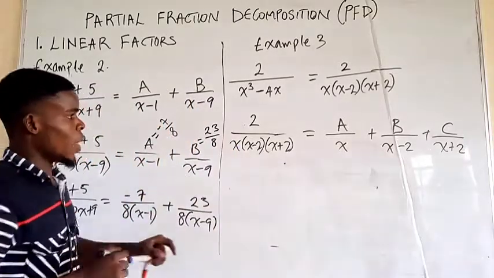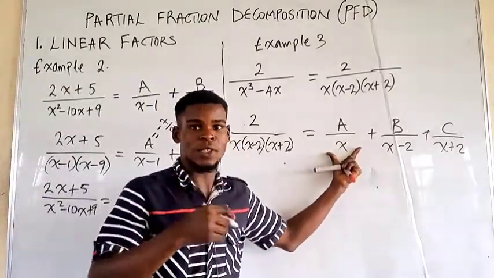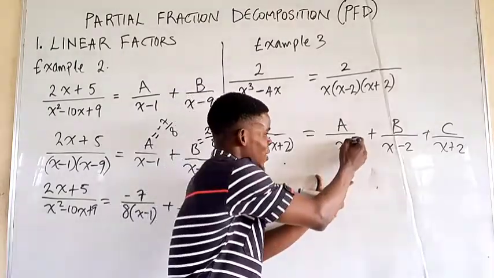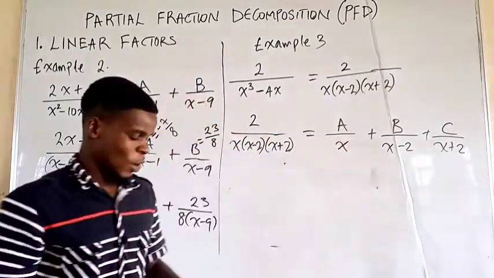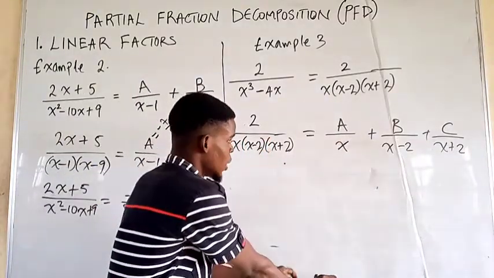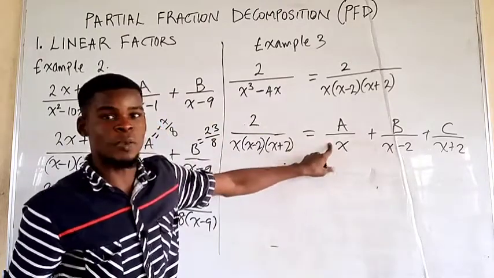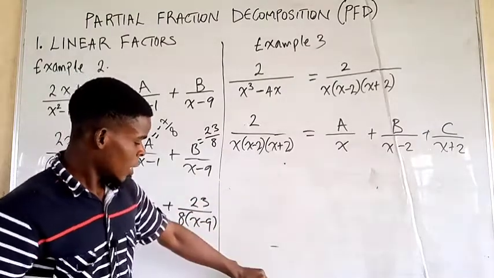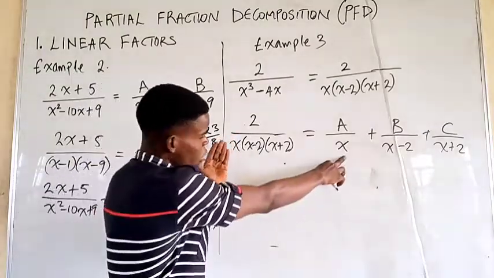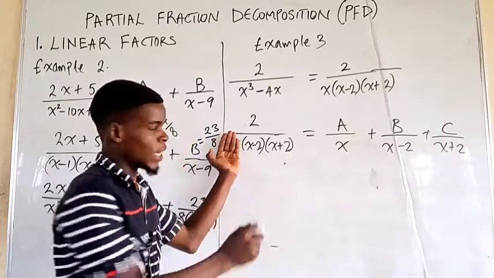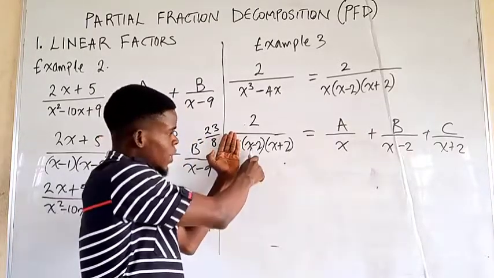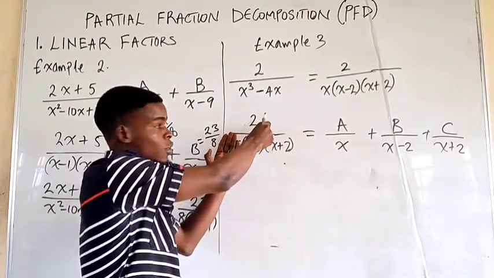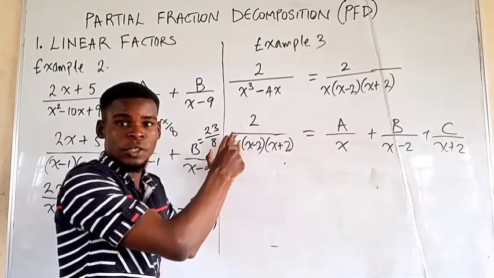Very quickly, which value of x will make the factor x equal to 0? If x is 0, then that factor will be 0. So we substitute 0 for x by covering the x up, which is just the first factor. We substitute 0 for x into the other factors and also x in the numerator, but here there is no x in the numerator, so we're not going to do that.